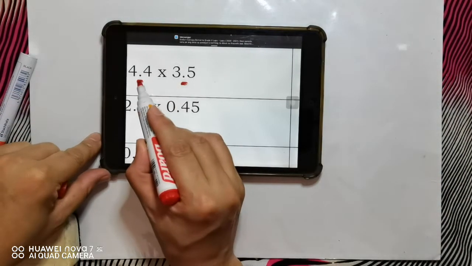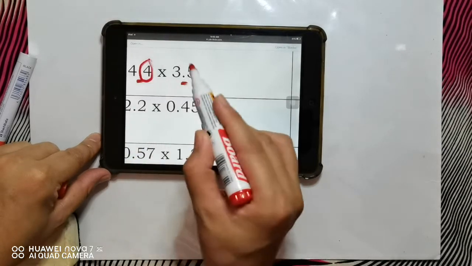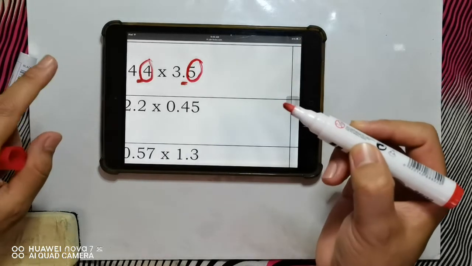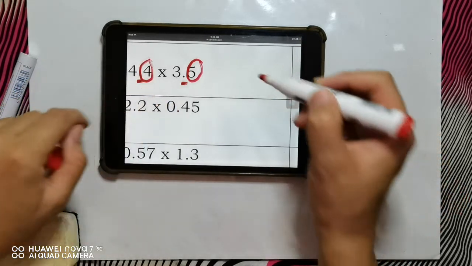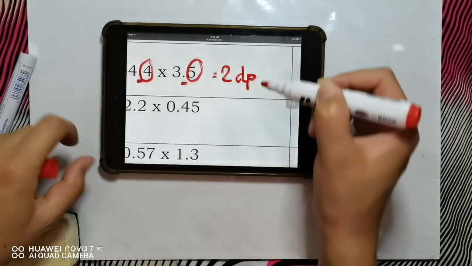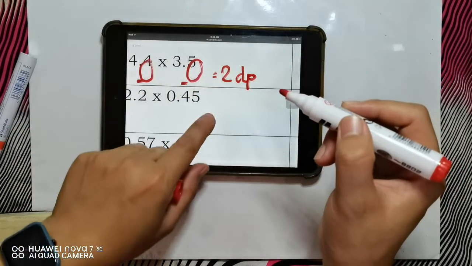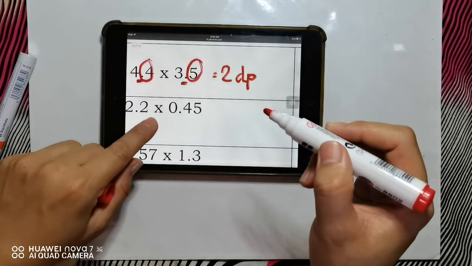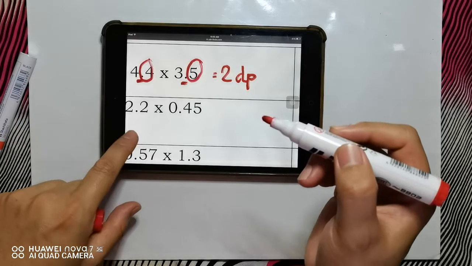So decimal point here, there's a digit here. Decimal point here, there's a digit here. So how many are they? 1, 2. Therefore, 2 decimal places. Okay? So, ayan. Next, punta tayo sa pangalawa.